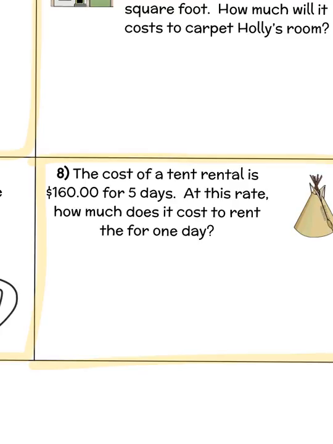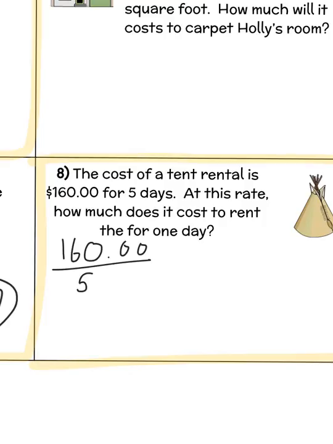All right, last one, number 8. The cost of a tent rental is $160 for 5 days. At this rate, how much does it cost to rent for 1 day? So all we have to do here is we know that for 5 days it's $160 to rent a tent. So we just have to take the $160 and divide it by the 5 days.